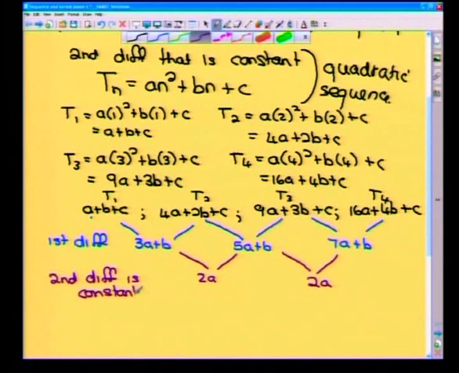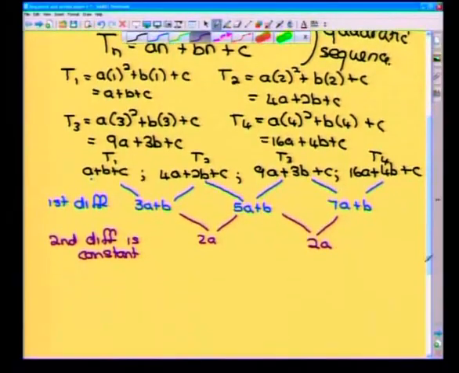Now, you might say, what are you doing here, Lee? Well, what I'm trying to do is show you a really nifty way of solving any of your quadratic equations. Now, what you need to remember from what I've just shown you is the following. You need to remember that if I know the second difference, it will always equal 2A.